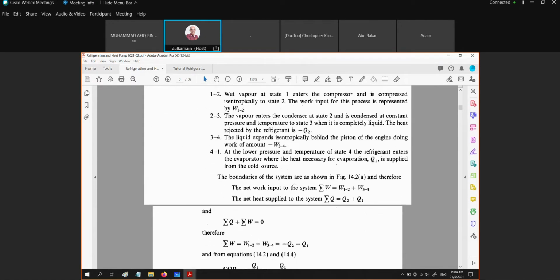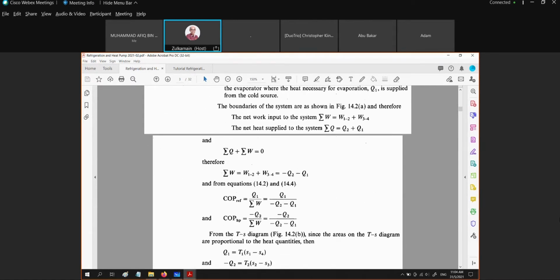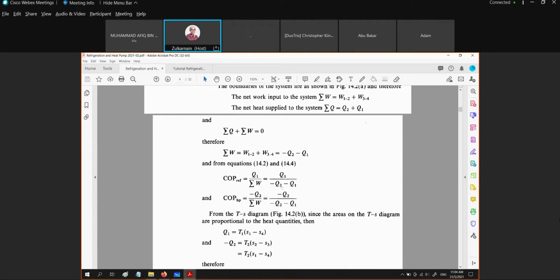And if we look at this formula, then this is what we can get for the COP ref and COP heat pump. This is mainly the general equation. Both equations of the COP ref and the COP HP can be used for reversible and irreversible types of cycle.